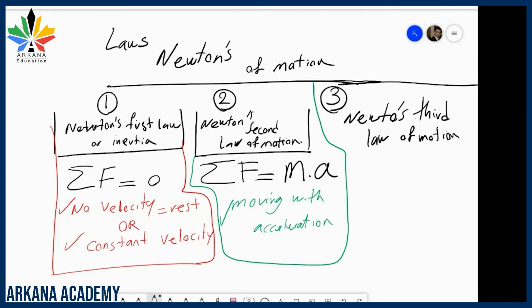So for every force, there is an equal, and this is very important, exactly equal and exactly opposite direction force.